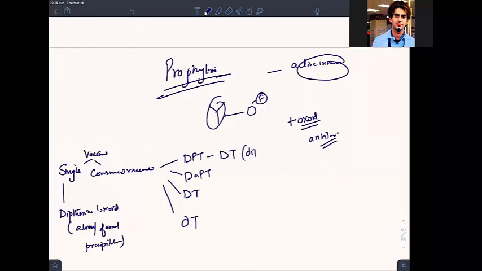Diphtheria toxoid. These are actually three vaccines. Do we remember from preliminary medical science that DPT gives protection for three things? So this diphtheria toxoid is present in DPT.